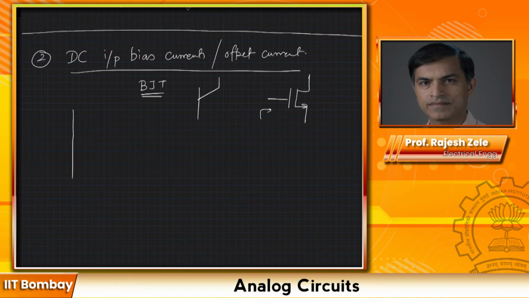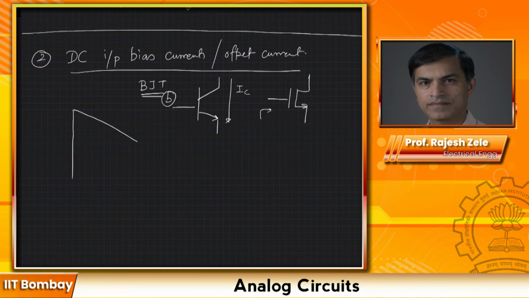However, bipolar transistors generally have a base current, and that base current is going to be a fraction of the collector current. All this stuff I'm going to go through in upcoming lectures, but at this high level discussion, you should just assume some current is flowing inside the amplifier.